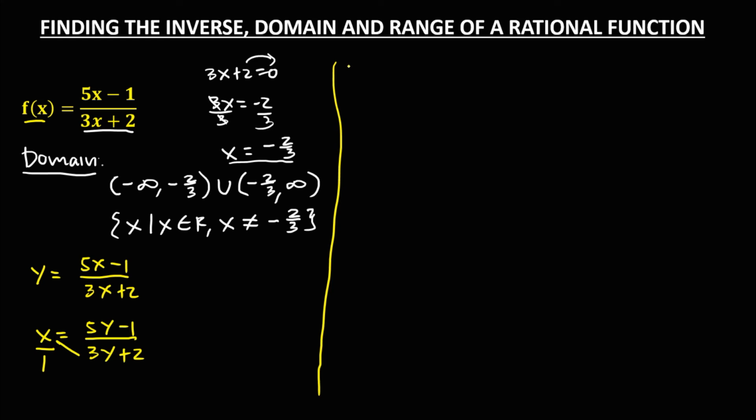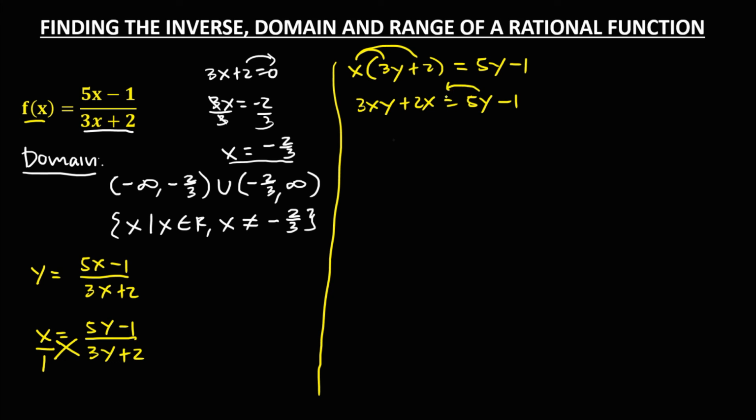So that becomes x times 3y plus 2 equals 5y minus 1. Then simplify, distribute. So 3xy plus 2x equals 5y minus 1.